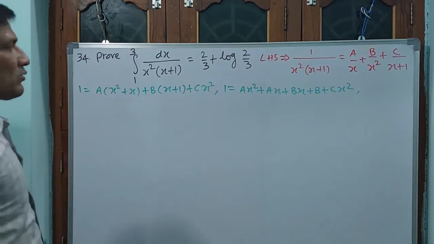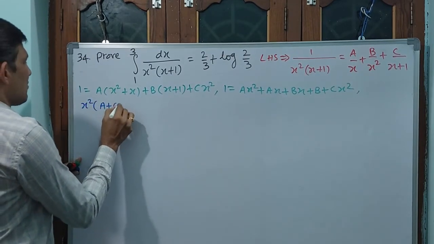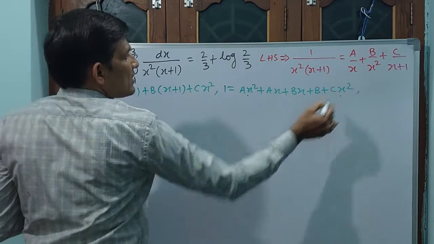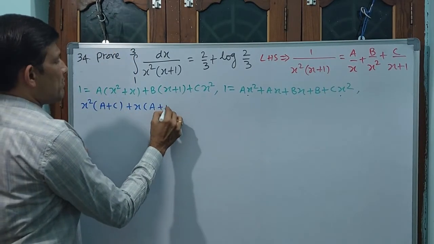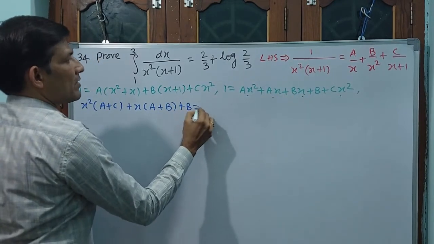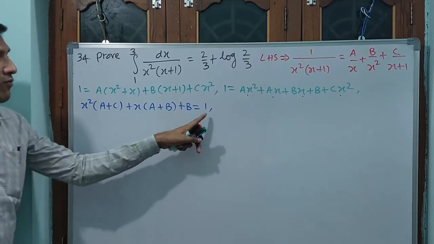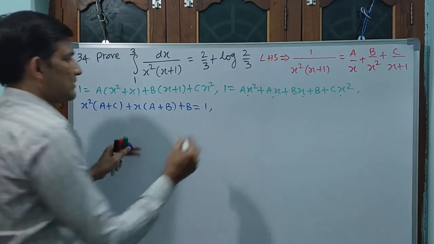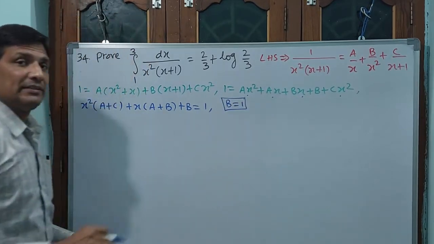Now separate it, x square terms, a plus c, ax square, cx square. Okay, and also x terms, a plus b is equal to 1. Okay. See, here 1 means only constant, b is 1. B equal to 1. 1 value already you have got.